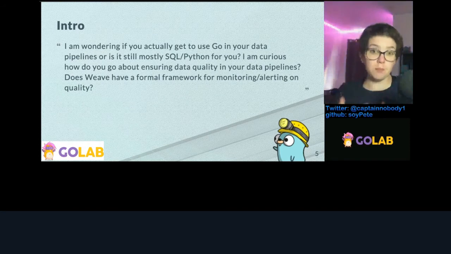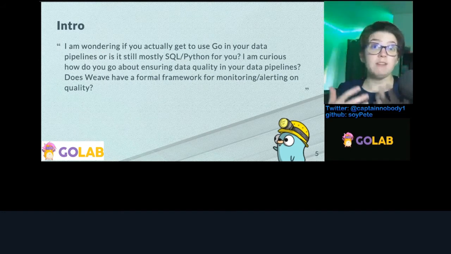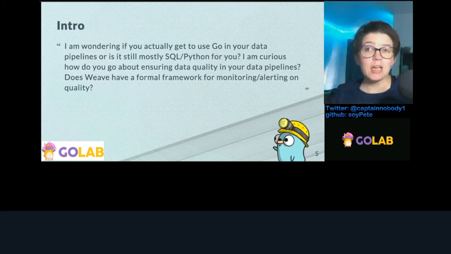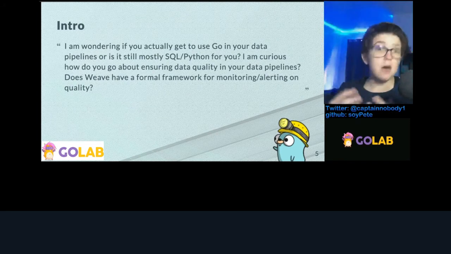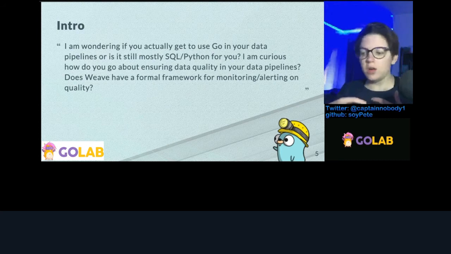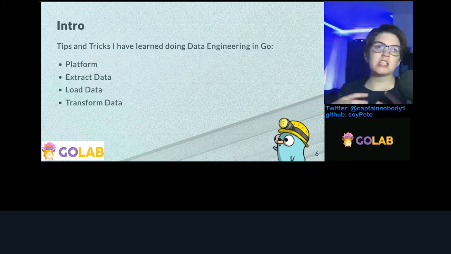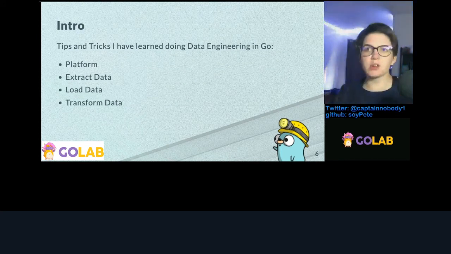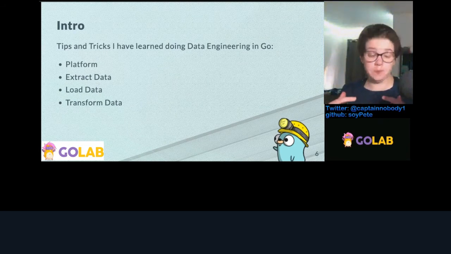And so I very politely respond, as I do to all of these comments, that we do it very carefully. And sometimes naively, but very carefully. So as we go forward, I would like to just share some of the tips and tricks that I've learned over the past 2 years working at Weave and building data pipelines.